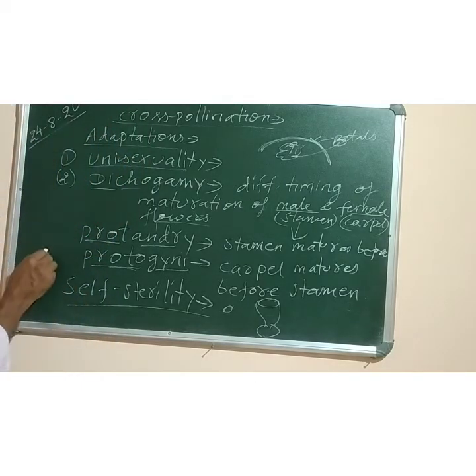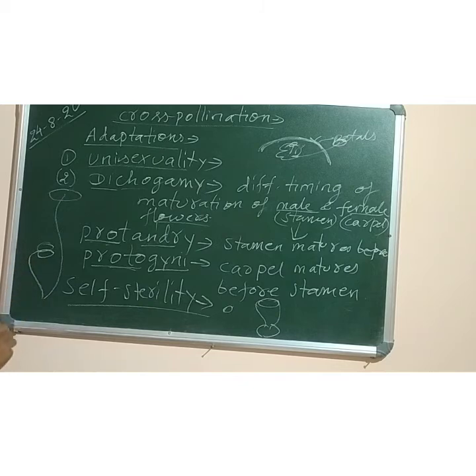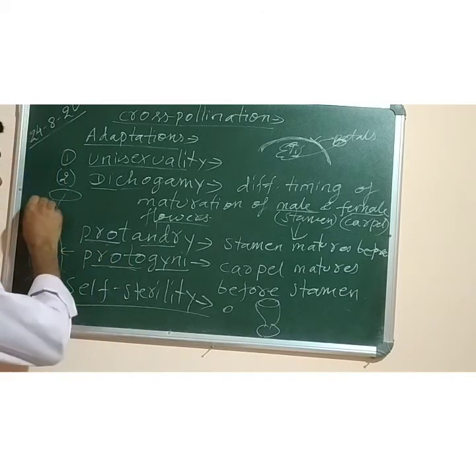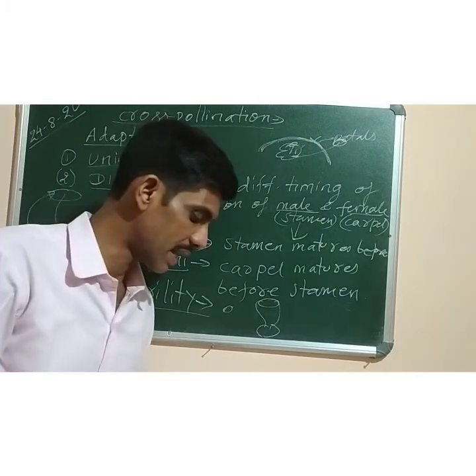Suppose anther is here in a flower and the stigma is here on the top. Now can it help to transfer the pollens from down to up? No. Due to different length in the stalk of the anther, this is called filament, this one is called style. So since they are of different length, it cannot help to carry the pollen from the male part to the female part. That is called heterostyle.